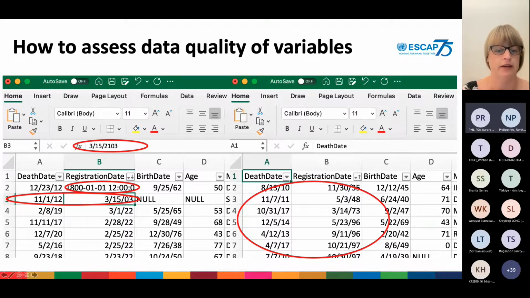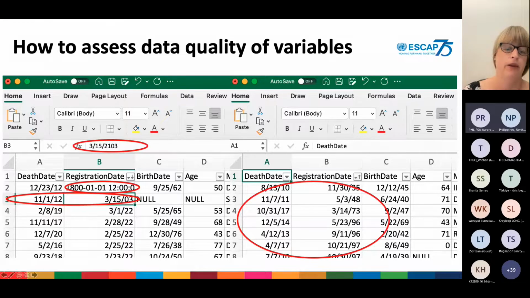Same with vaccine data. It's really to help programming. It's not collected for the purpose of statistical analysis. This data is great to use for analysis. We need civil registration data for vital statistics, but its primary purpose is to serve the citizens and provide documentation, and the secondary purpose is vital statistics.